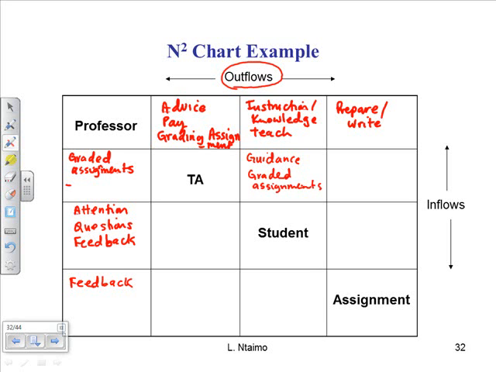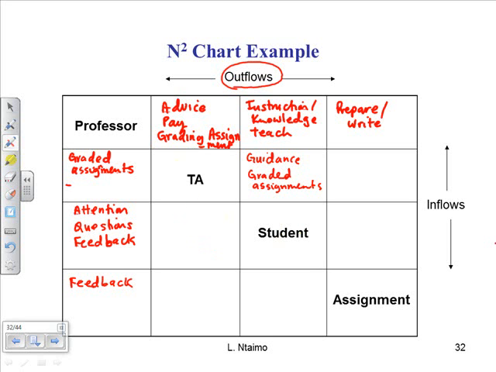What else? They can give reference books. We have reference books. If you need to check out a textbook, you can go to the TA. How about the information coming back from the student to the TA?